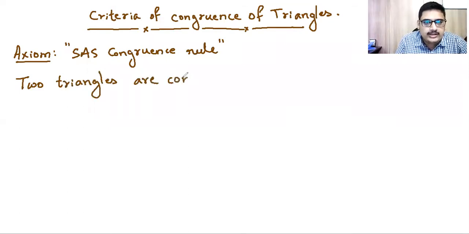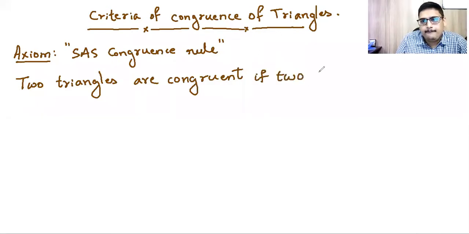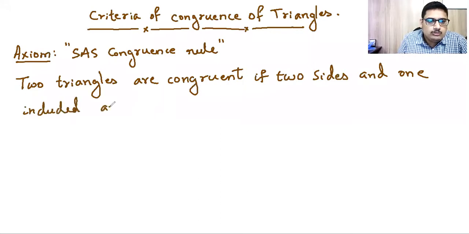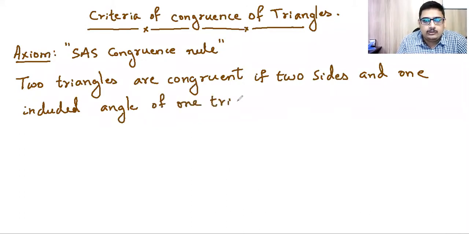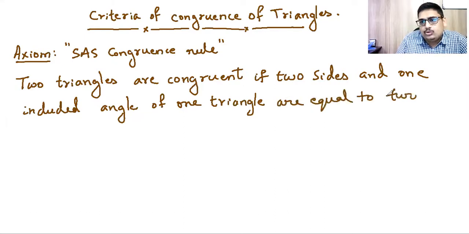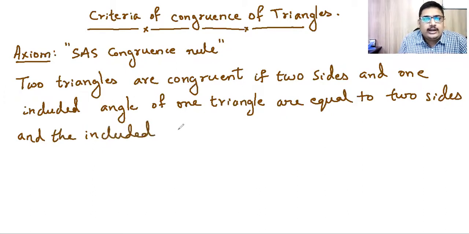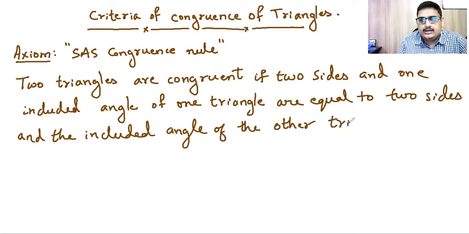Two triangles are congruent if two sides and one included angle of one triangle are equal to two sides and the included angle of the other triangle. So this is the statement.